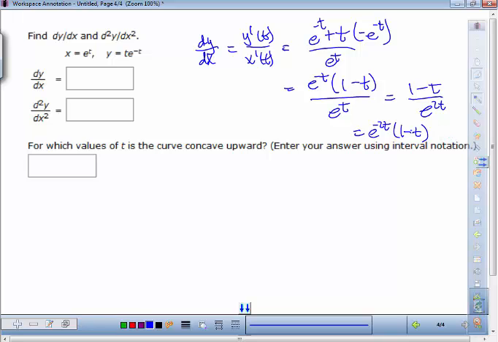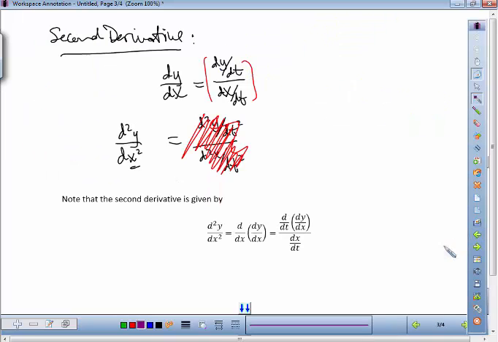Now, our second derivative, they said, was d squared y over dx squared. That's supposed to be equal to the derivative d dx of, is it d dx or d dt? d dt.